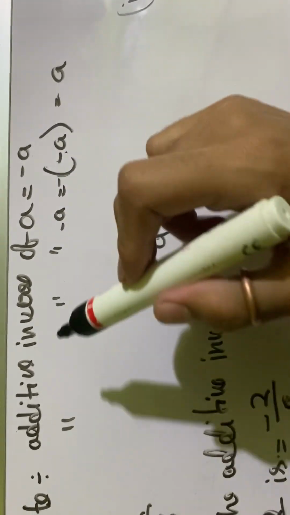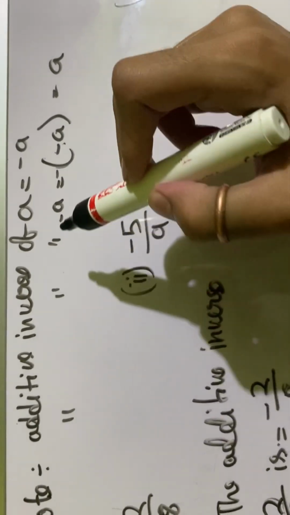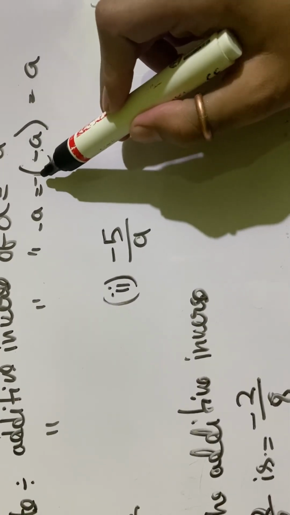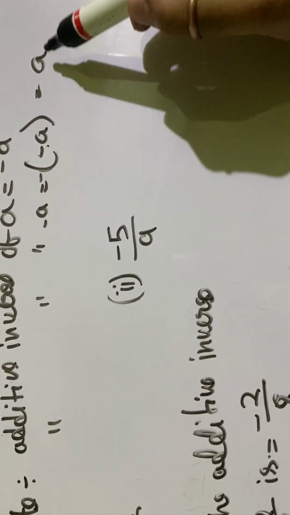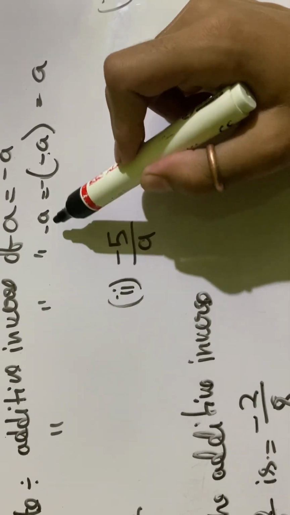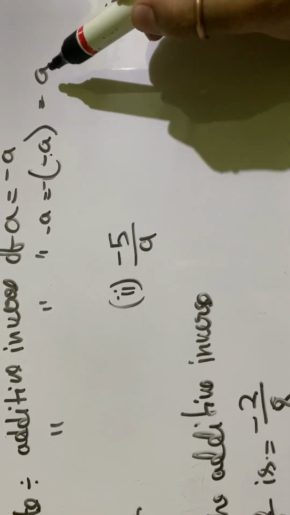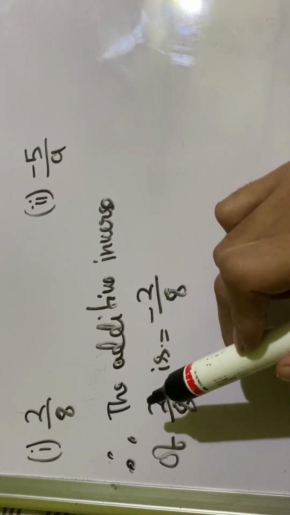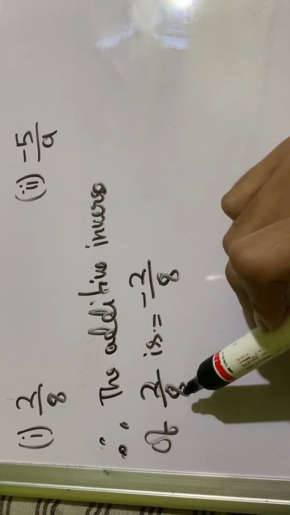Oh, sorry, before doing this, there is a note that additive inverse of A equals minus A, and the additive inverse of minus A equals one more minus will come here, and the answer will be A. If there is minus A, the answer will be A. So the question says to find the additive inverse of 2 by 8.